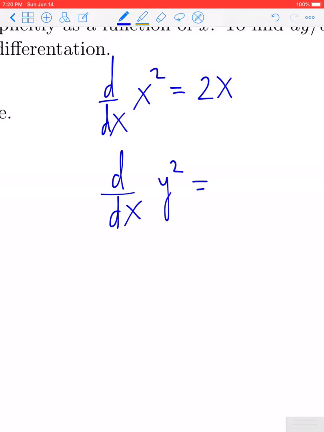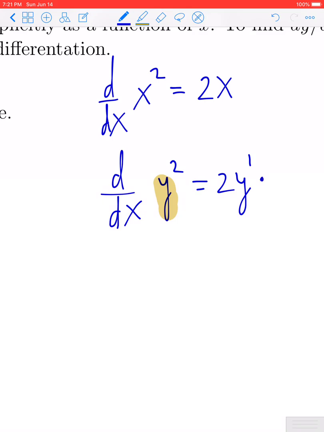So what would be the derivative of y squared with respect to x? Well, again, if you kind of cover it up for a moment, the outer function is the squaring function, and the inner function would be the function y, which is y of x. To do the derivative, we would apply our basic rule: if something is to a power, you just bring the power down, keep the y the same, reduce the power by 1.